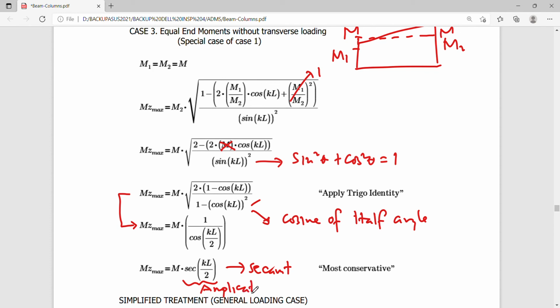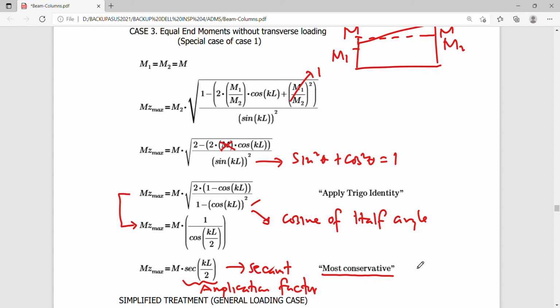equal end moments. And this case is always the most conservative case, meaning to say, if you want to take a look at the scenario of having an equal end moment, then you are on the safer side.